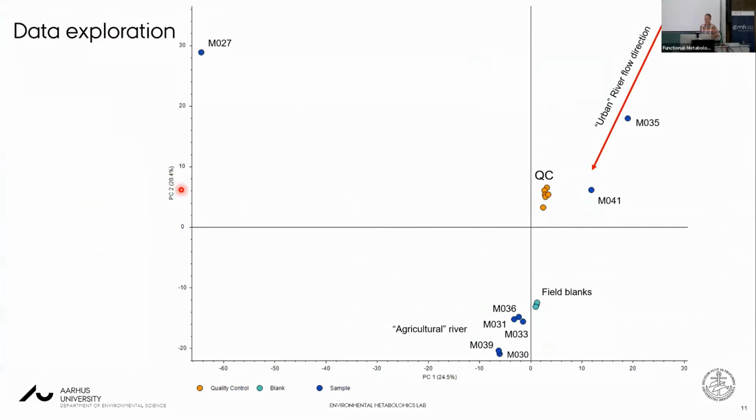But when we do a PCA plot, it looks like this. Our pooled QC is here in the center and clusters nicely, which is good. This is what we want to see. There are some samples here and other samples in another cluster. There are some field blanks also, and a large sample out here.